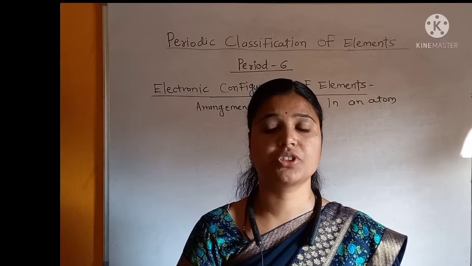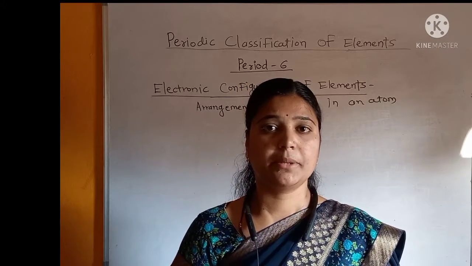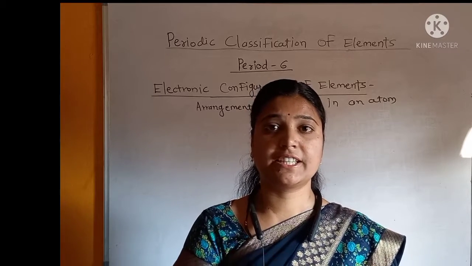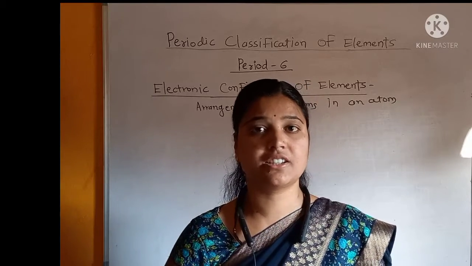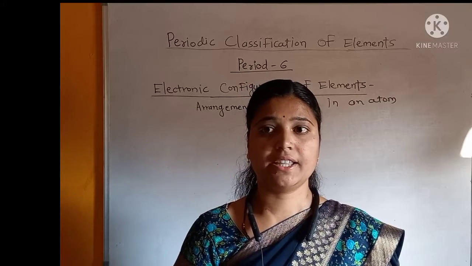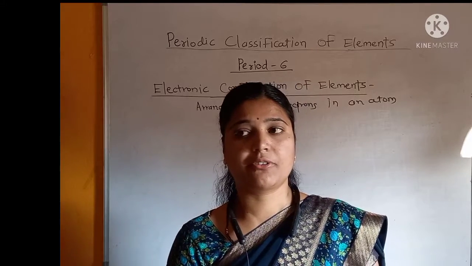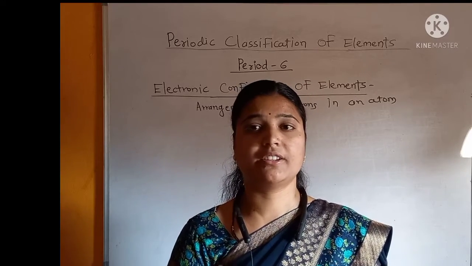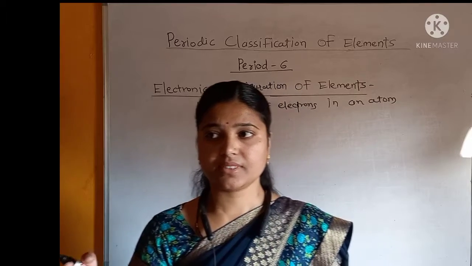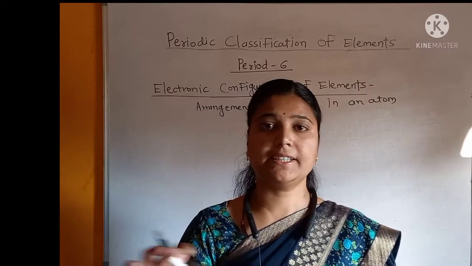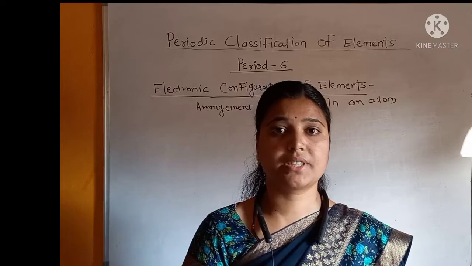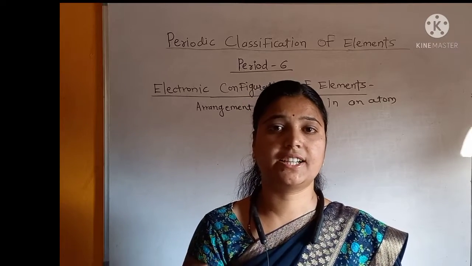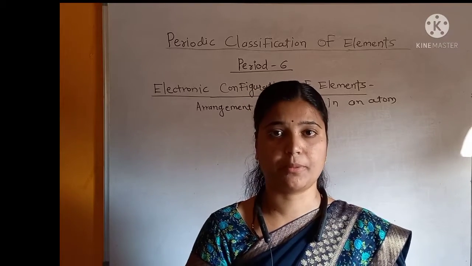It depends on their position. Elements in the same period that are nearest to each other show similar properties, but some are very distant from each other, like sodium and sulfur or argon. They are in the same period, but the distance between them is very large, so they show a large difference in their properties.